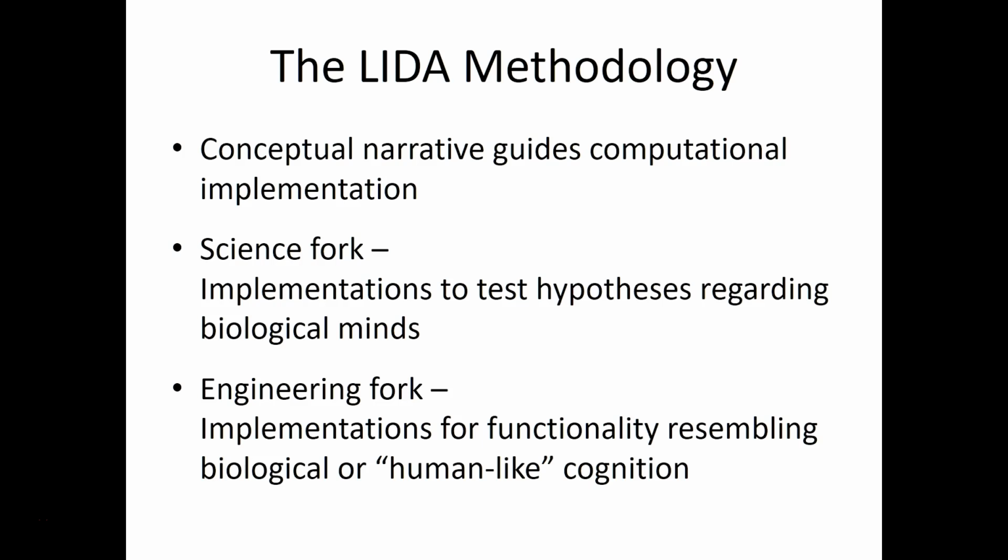Agent implementations along the science fork seek to answer basic questions about how known biological minds function, while those along the engineering fork seek to apply our understanding to the development of technological solutions to real-world problems. A key philosophical idea in LIDA's approach is that successful technology developed from a scientific model or theory provides at least circumstantial support for that model or theory.